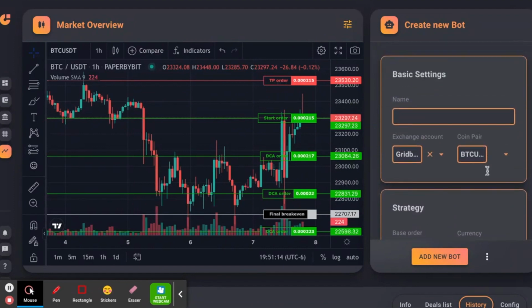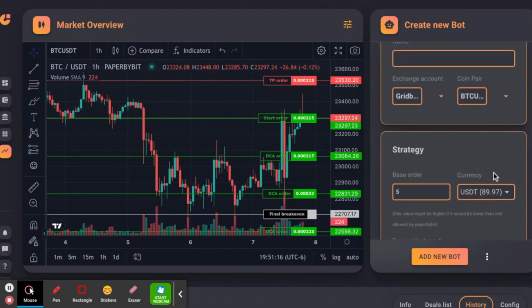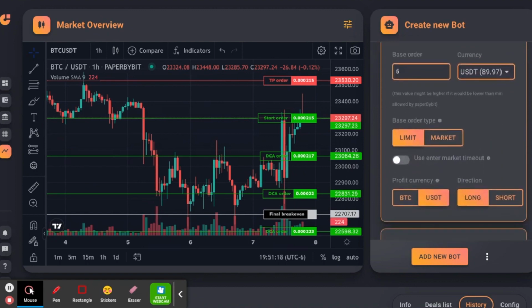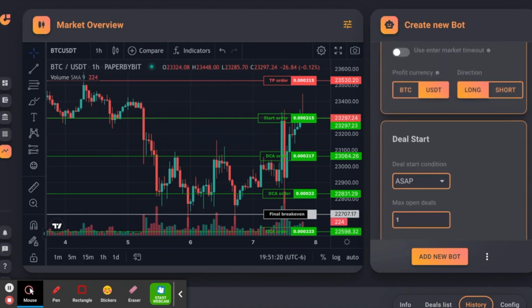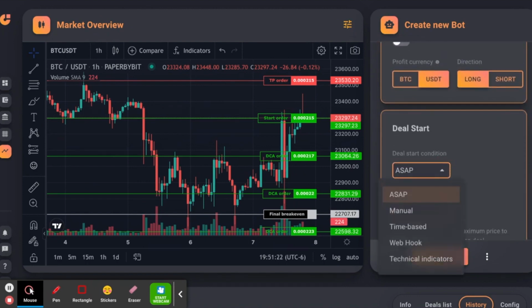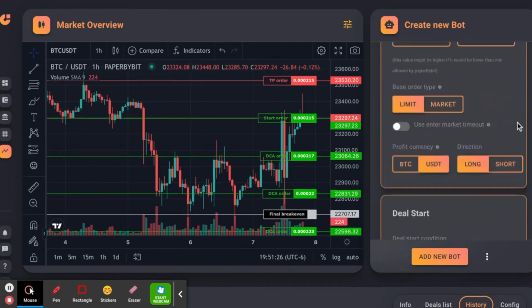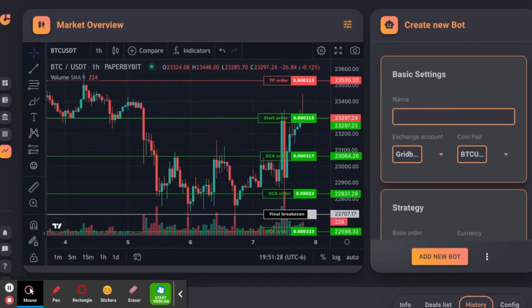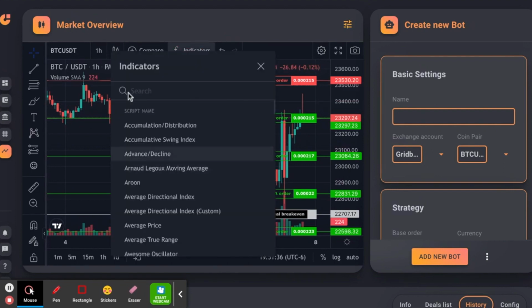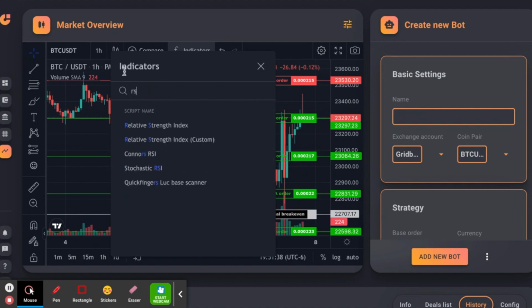Let's see. Coin pair, exchange, strategy. Here we go. All right, so say you end up having an awesome strategy. I'm going to go to indicators, and I'm going to type in a real easy one: RSI, relative strength index.